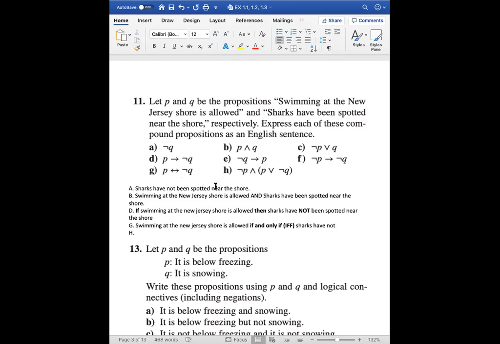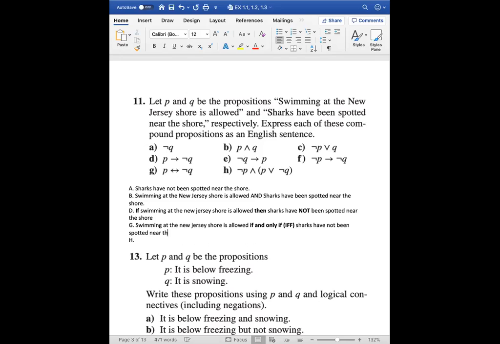We have to make sure we add the word not because of this negation here. So as you can see, this makes sense because it is given in such an order. If I reverse the order, it won't make any sense, but it will still be a valid representation in the English language for that proposition.